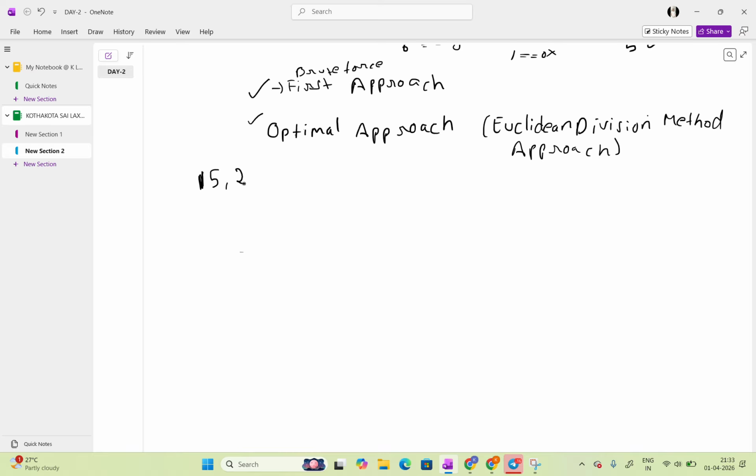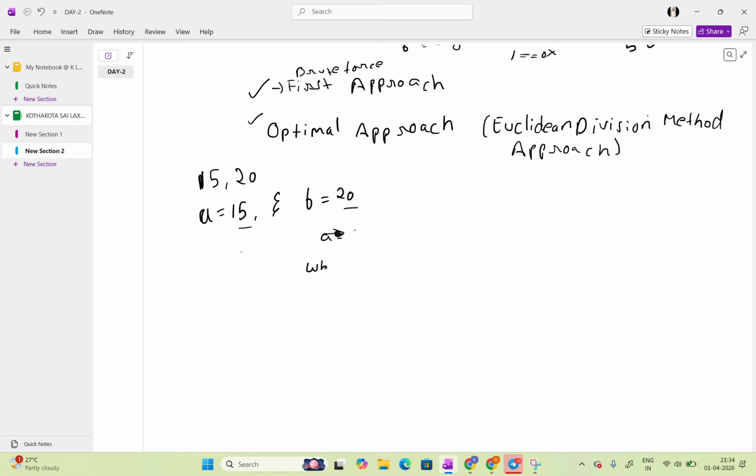15 and 20. So I'll take A equals 15 and B equals 20. Okay. So here, if any of my A or B... I'll write a basic snippet of the code and you'll get a good clarity.